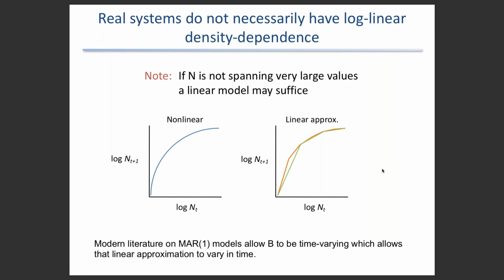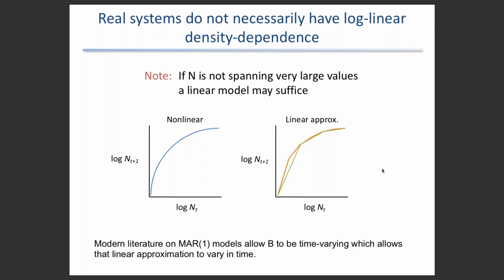So you're going to run into this idea when you see the applications where people are using this Gompertz model for populations where the populations are changing size dramatically. And what they're doing is they're using a time-varying Gompertz model.